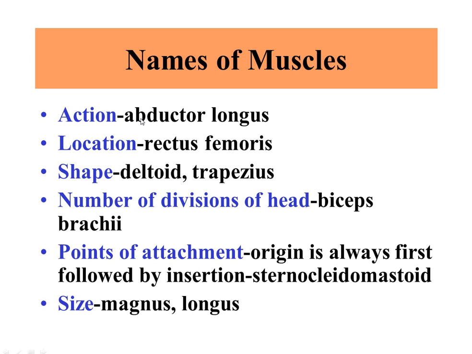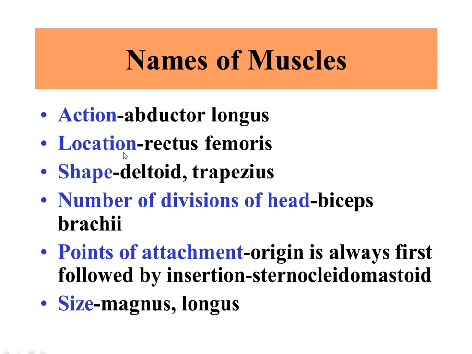Remember, abducts brings it closer to the midline of the body. Taking it away would be adduction. This is review. Abduction brings it closer to the midline. So the abductor longus is a muscle that brings that leg closer to the midline.